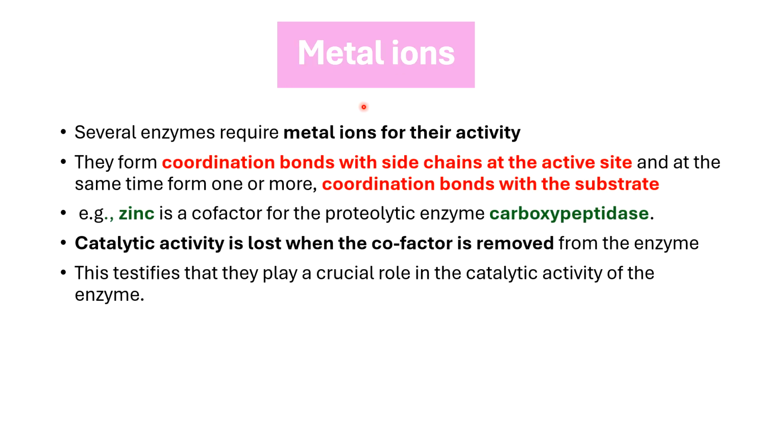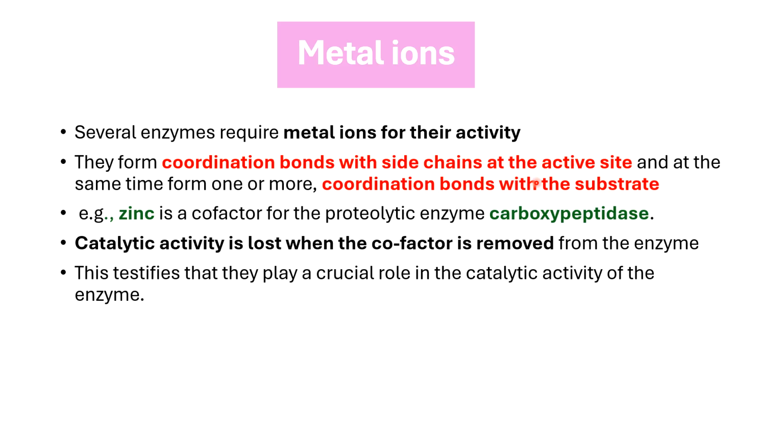There is a third category of cofactors which are metal ions, and they are also required for enzymatic activity. These metal ions form coordination bonds with the side chains of the active site.